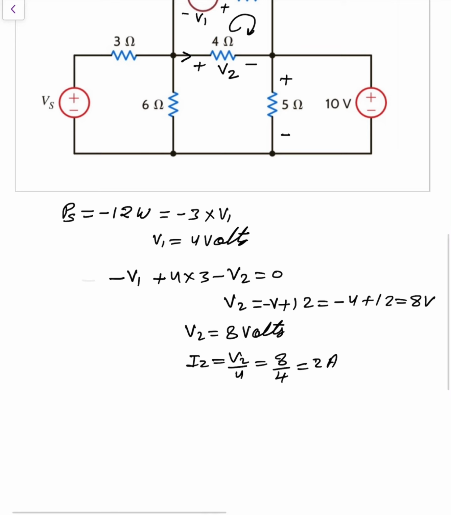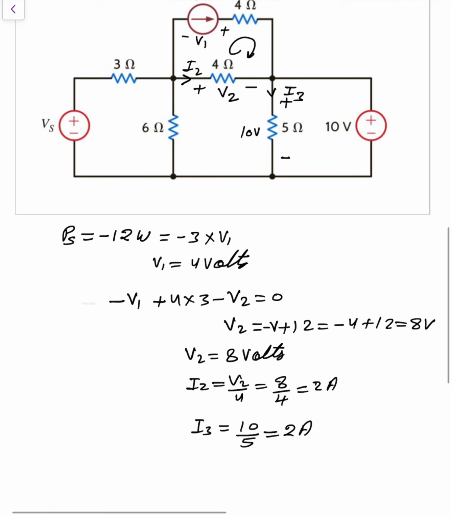That is 10 volt. Then what about the current in this branch? Suppose that I3. I3 is written simply as 10 divided by 5, so that is 2 ampere.